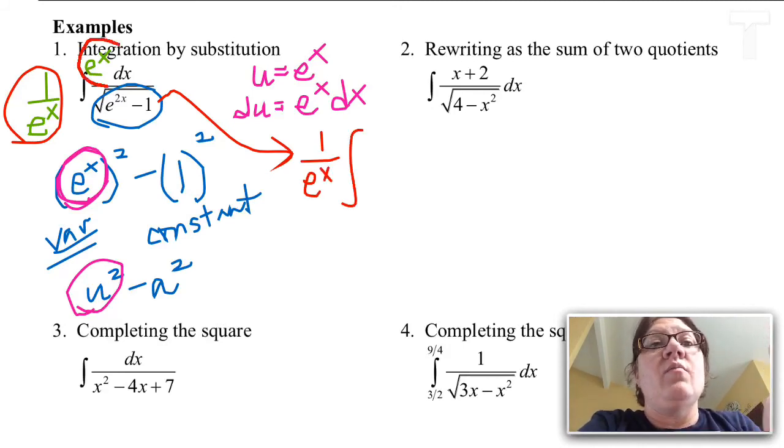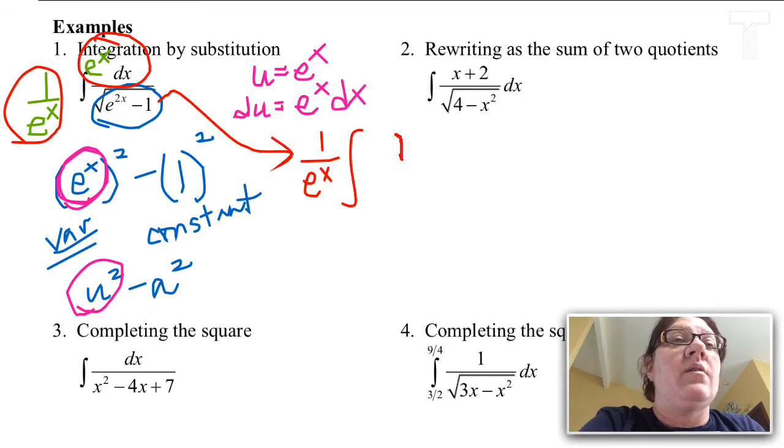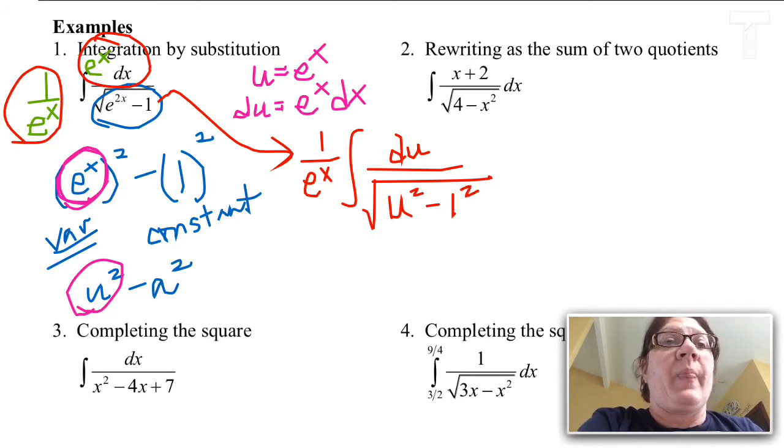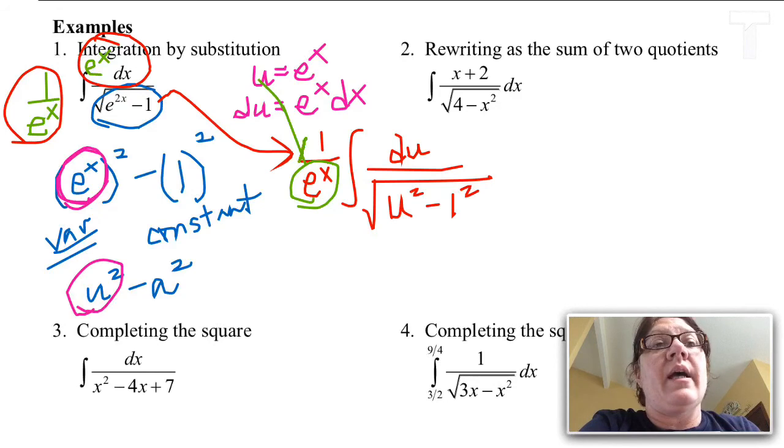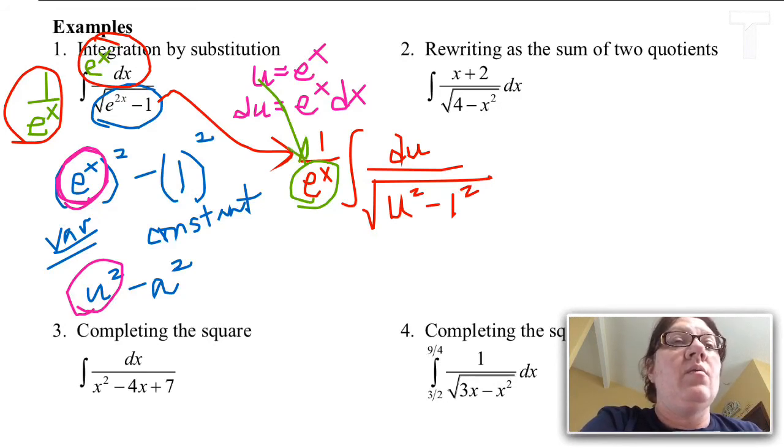Of course, this numerator is going to be my du, and the denominator is now u squared minus, we're going to say 1 squared. And I can't have that x in there, so I look at this and say, golly gee, what am I going to do? And then I'm reminded that that's actually u.